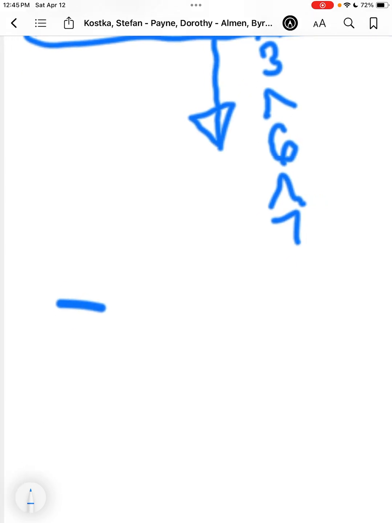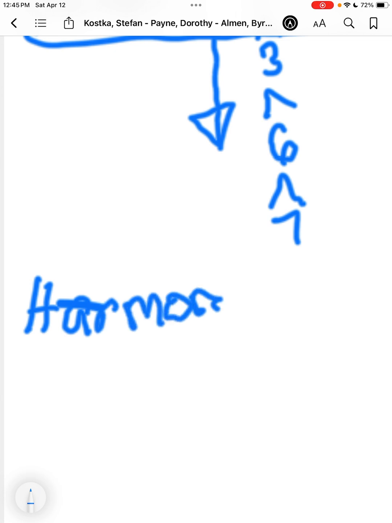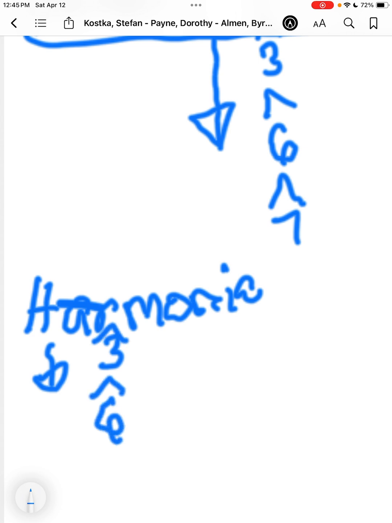If we're talking about harmonic, that is my next one. Harmonic lowers the 3rd and 6th, but it raises the leading tone, and that is 7.